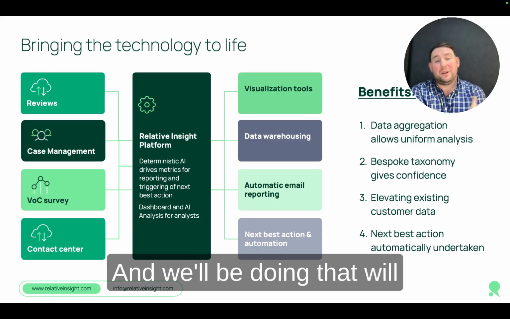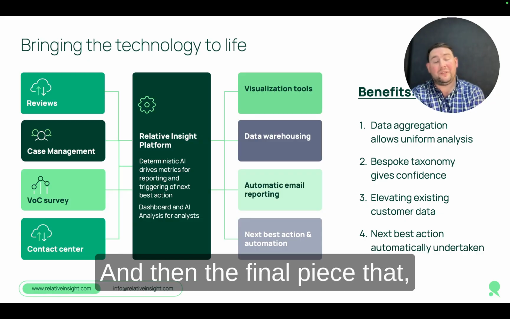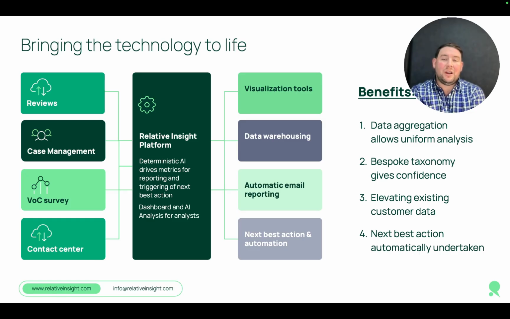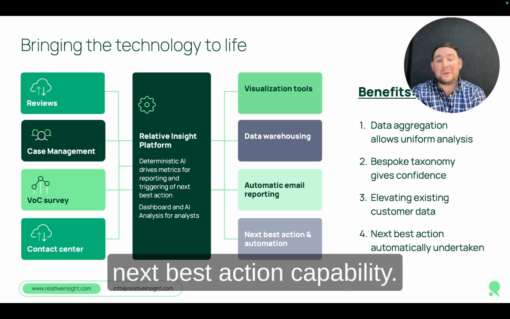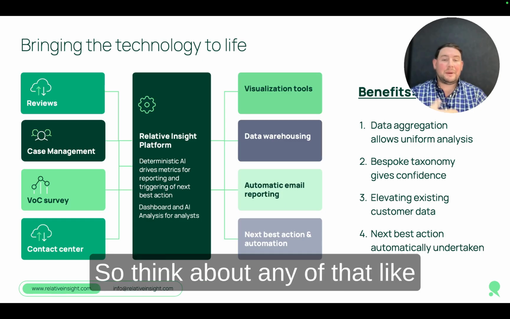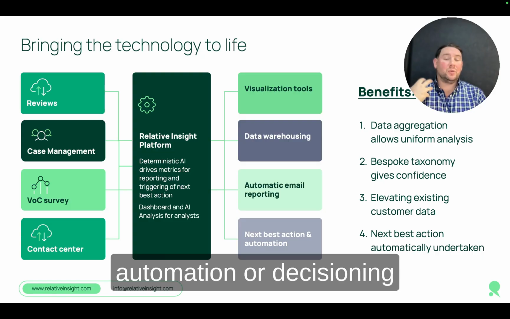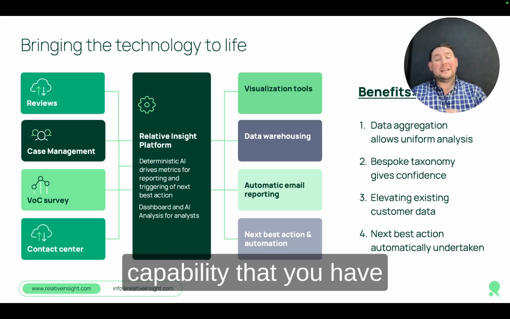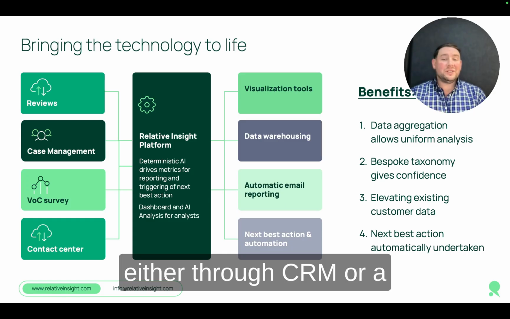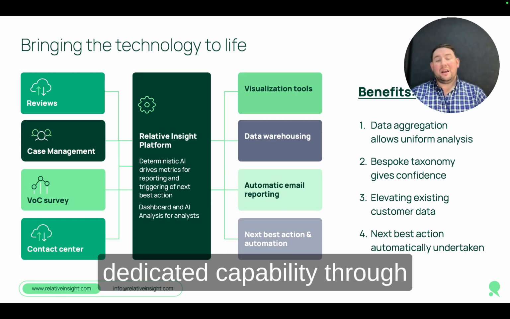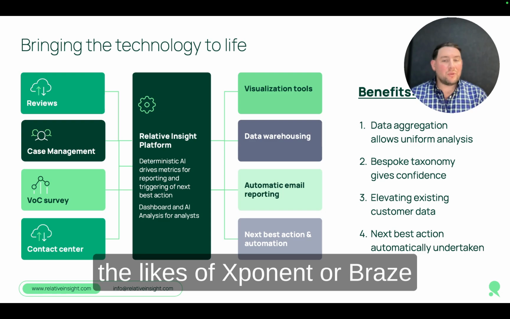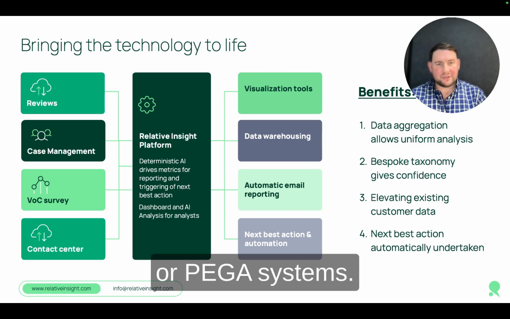That'll be one of our four as well. And then the final piece that we add value through is intersecting with next best action capability. Think about any automation or decisioning capability that you have, either through CRM or a dedicated capability through the likes of Exponent or Braze or Pega systems.